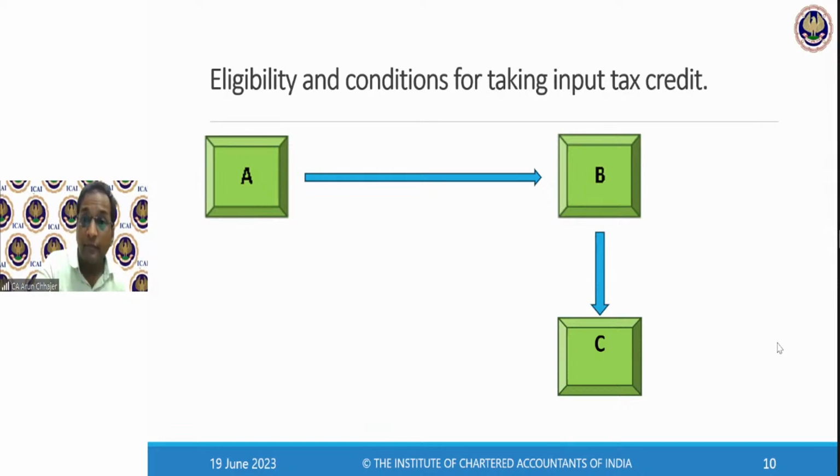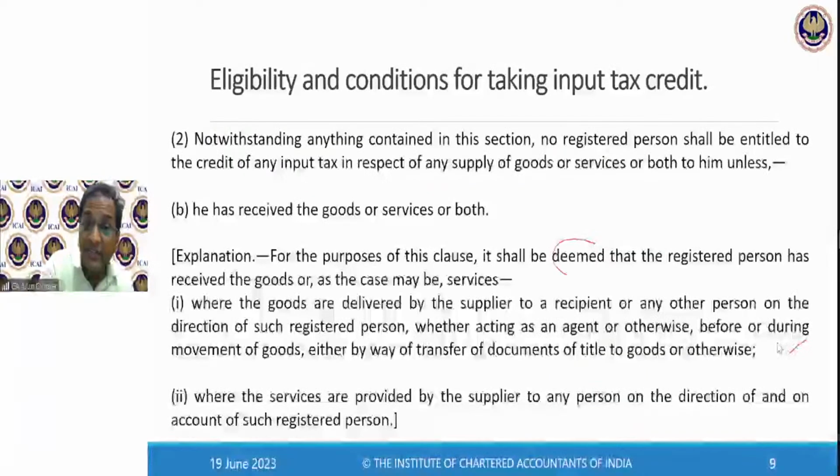Now see, it will be deemed. See, when do they add the word deemed in the GST law? When actually something is not happening, then they add the deeming provision. Always remember, this will be useful in many places. If that thing is not actually happening and I need it to be done, what will I do? The GST law says I will add a deeming provision.